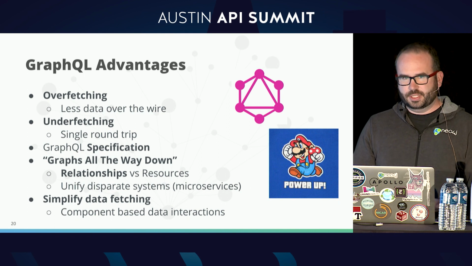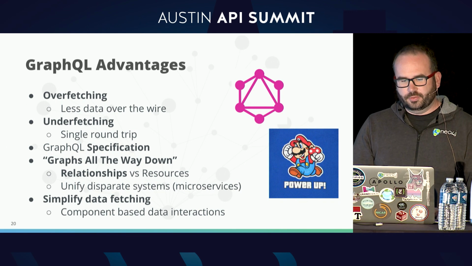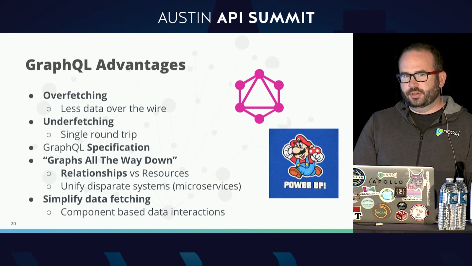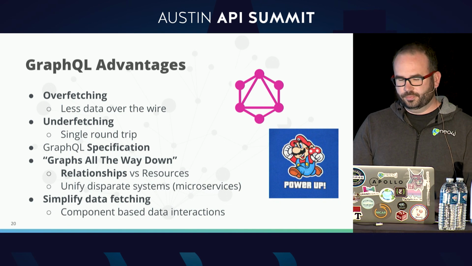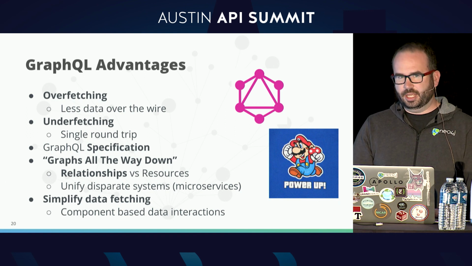Well, with GraphQL, we can specify, no, I need the blog post title and the author name that goes along with that. So solving the problem of underfetching here, this means that to render a view for an application, or for whatever we're fetching the data for, we can just make one round trip to the API.